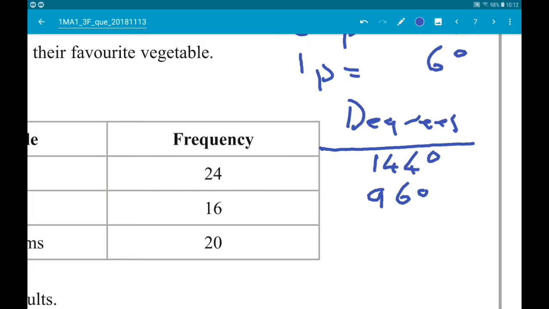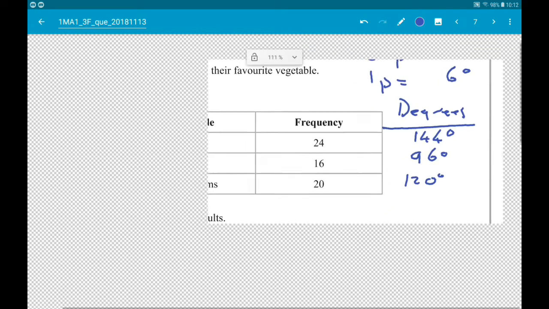And 6 times 20 is 120. So those are the degrees for the sectors of our pie chart.